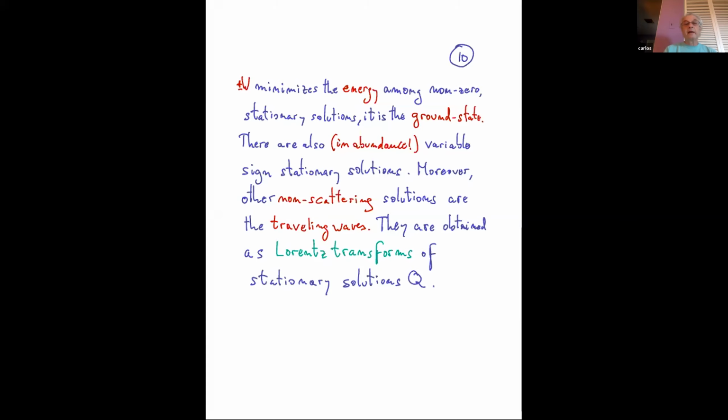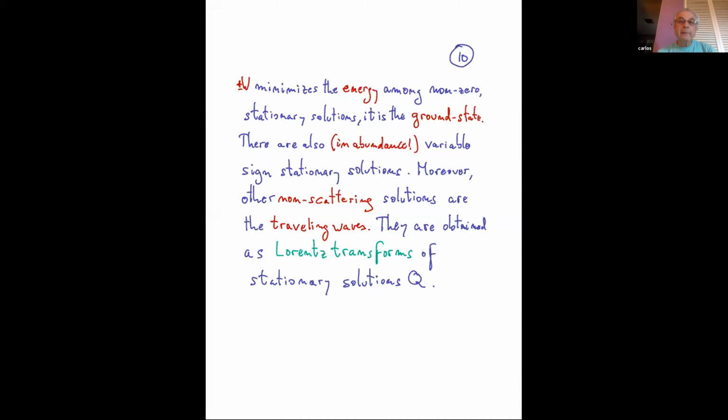There are other non-scattering solutions to the nonlinear wave equation that I should mention here, and they're the traveling wave solutions. So they're solutions whose profiles stay the same for all time, but they're moving as time moves on.